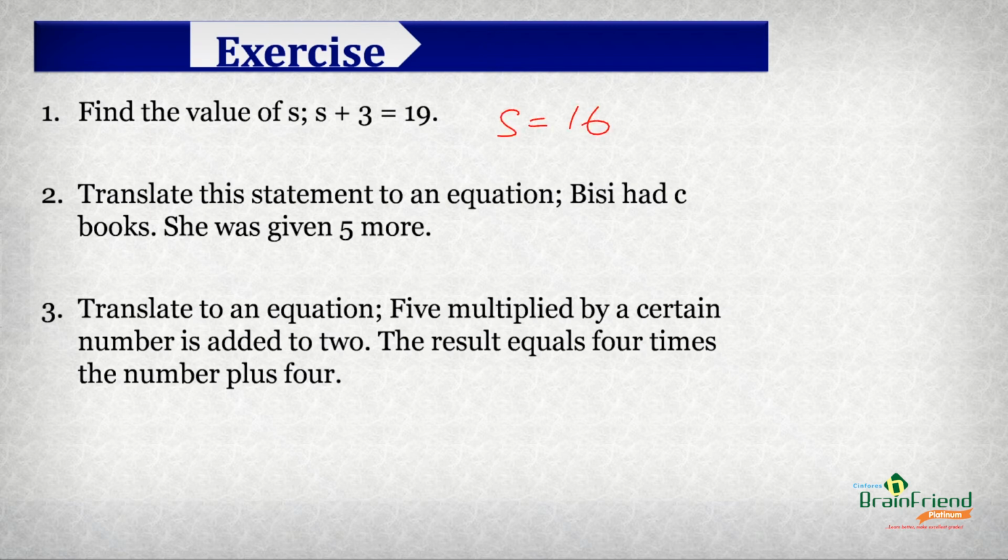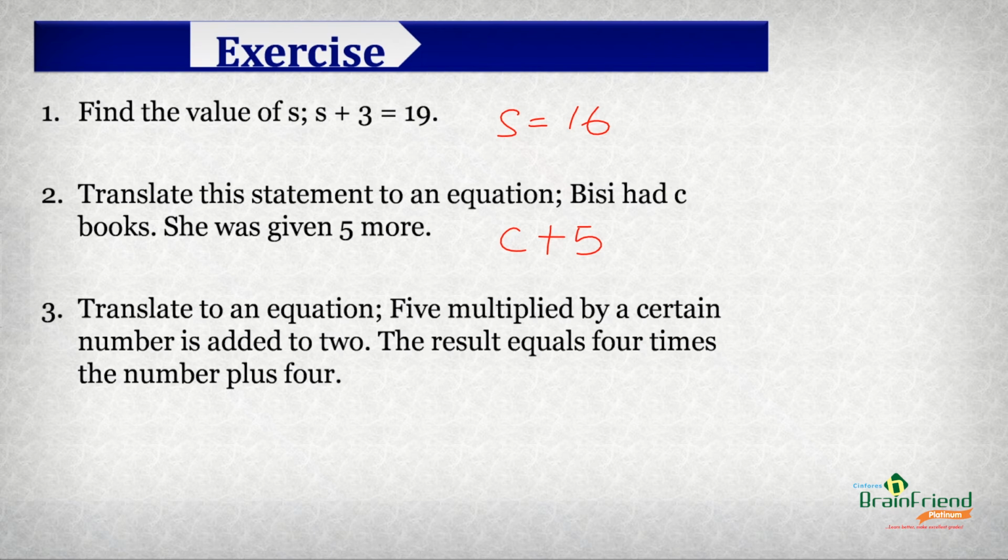For question 2, it says translate this statement to an equation. BC had C books. She was given 5 more. The answer here is C plus 5. Question 3 says translate to an equation. 5 multiplied by a certain number is added to 2. The result equals 4 times the number plus 4.